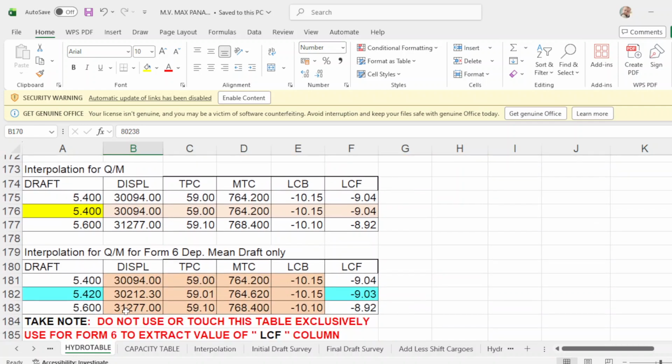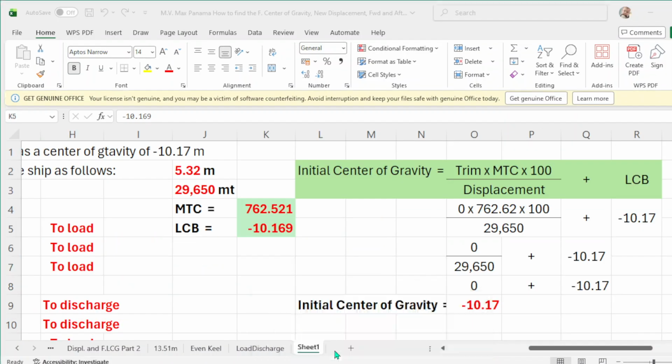Like this, 532. 5.32. How much would that be? Okay, 532. Your LCB is 10.17. 10.17. Okay. And MTC is how much?